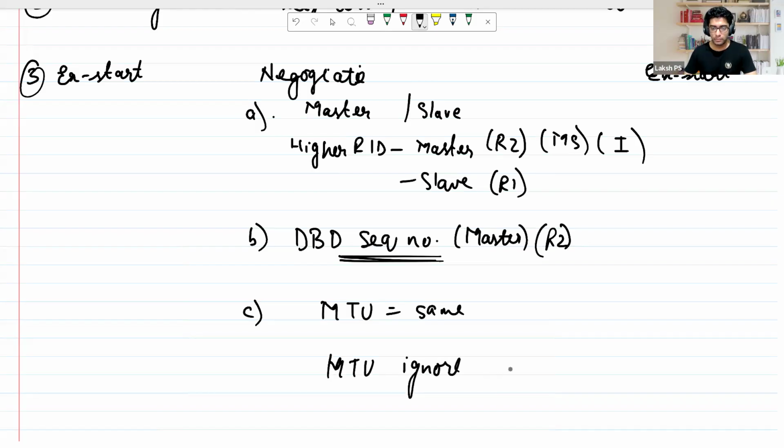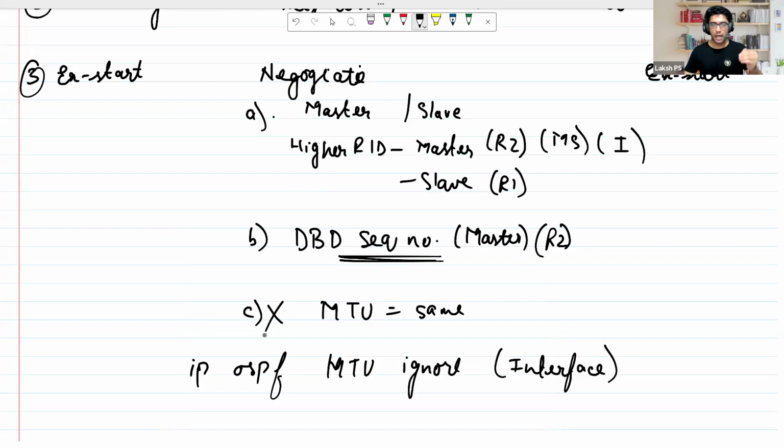It's an interface command, ip ospf mtu-ignore. When you execute this, the routers will ignore the MTU size. It can be the same, it can be different. MTU will not be a negotiating factor. It will be completely ignored.